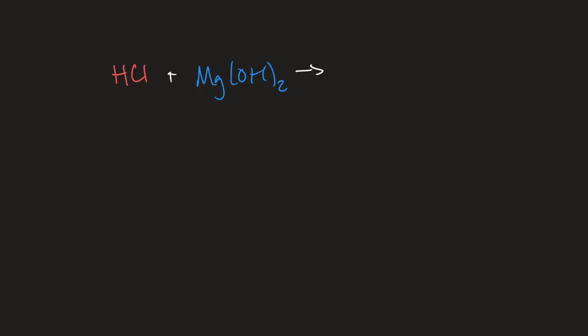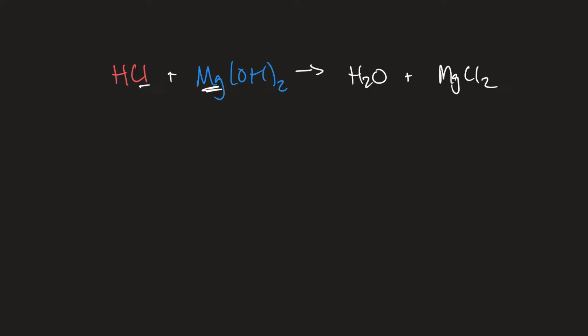This is an acid reacting with a metal hydroxide, so we know we're going to make water and an ionic compound. Ionic compounds always consist of the non-metal of the acid and the metal of the base, so magnesium and chlorine. We always make sure we consider our charges to have the correct formula, and then after that you have to make sure you balance this.